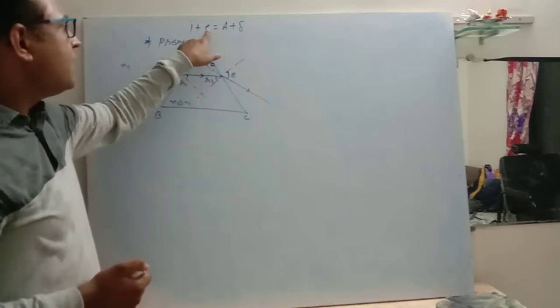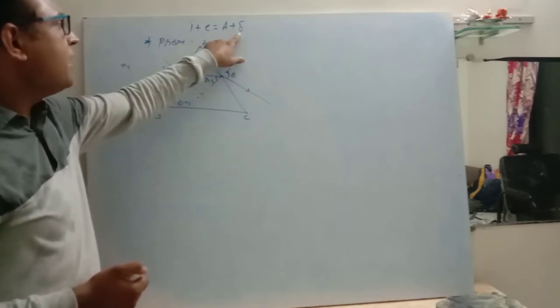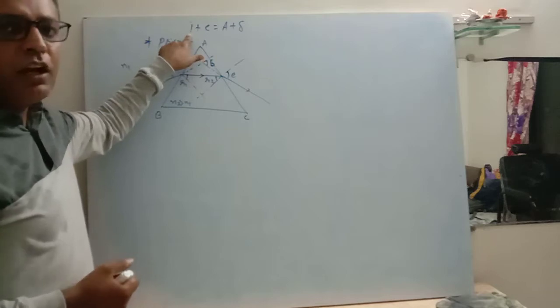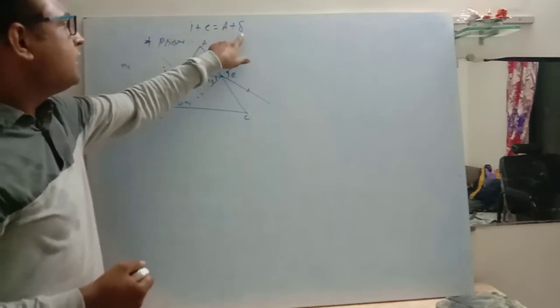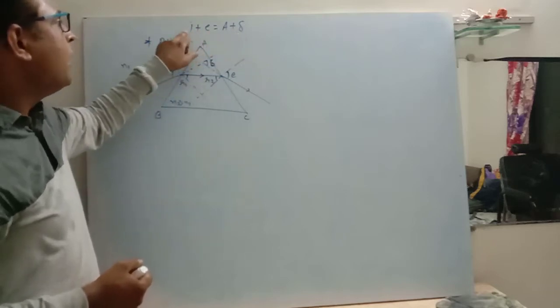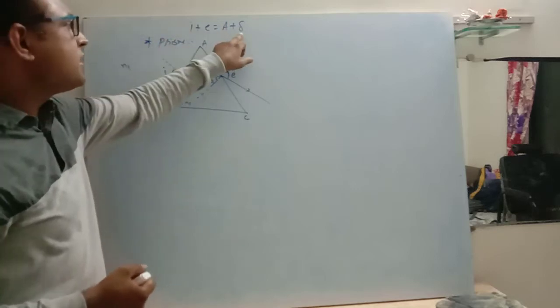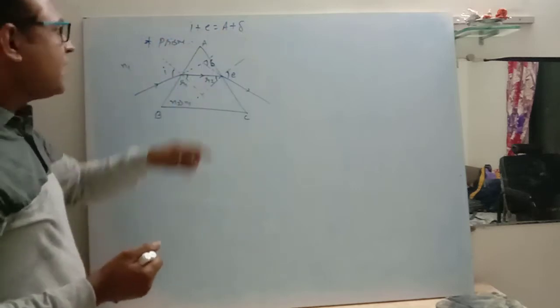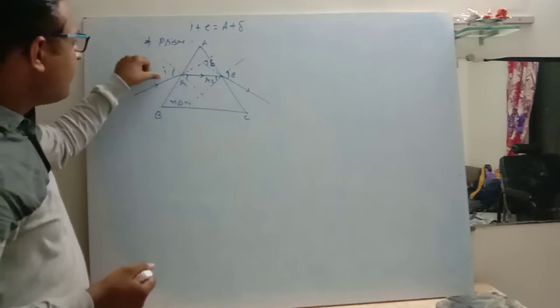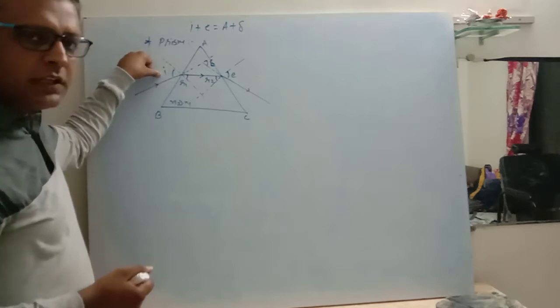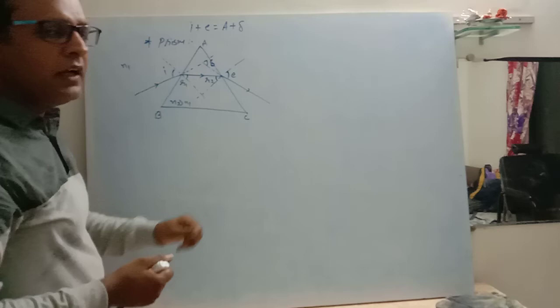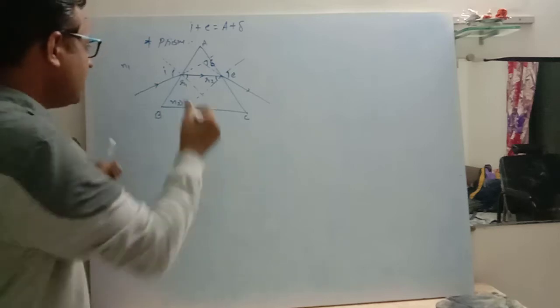That's why we can say the deviation angle depends on the angle of incidence. That means if we choose different values of angle of incidence, then we will get different values of deviation angle.